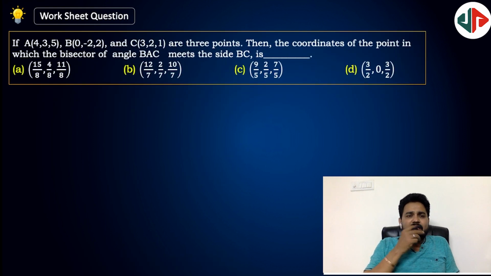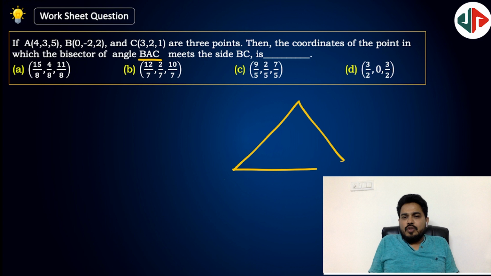Next one: if A, B, C are 3 points, then find the coordinates of the point where the bisector of angle BAC meets the side BC. This is A, this is B, this is C. The angular bisector to this one: if this length is c and this length is b, this point will divide in the ratio of c is to b.